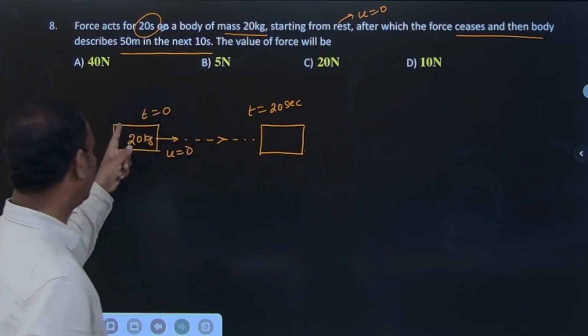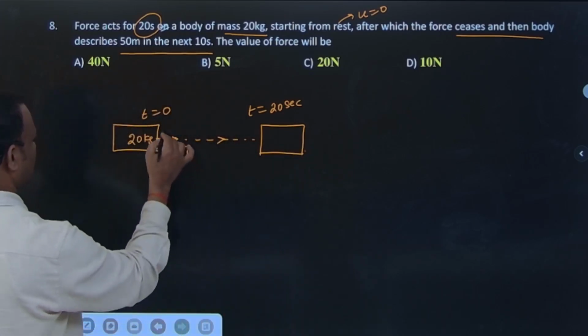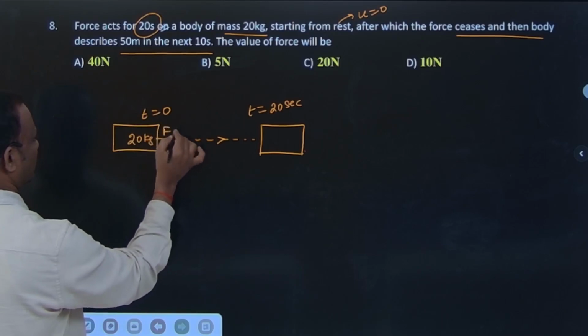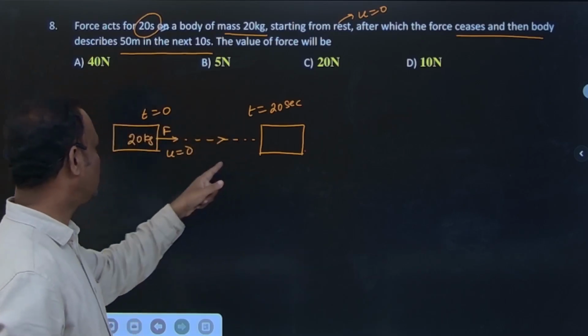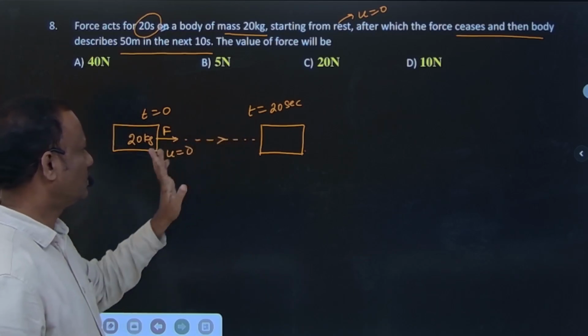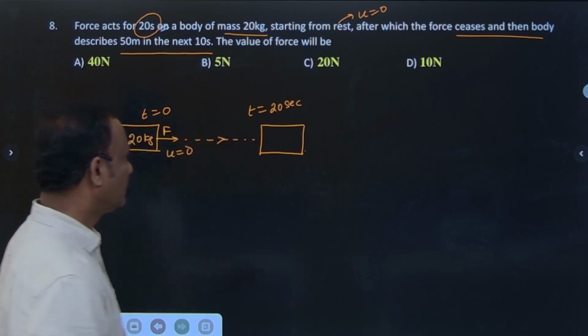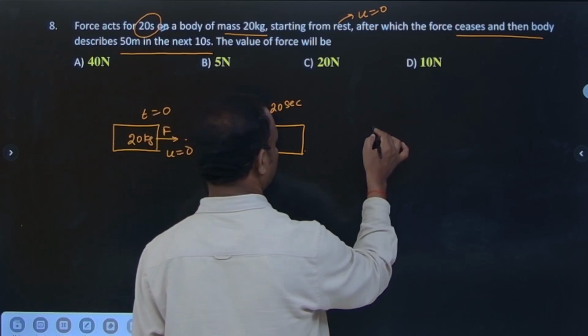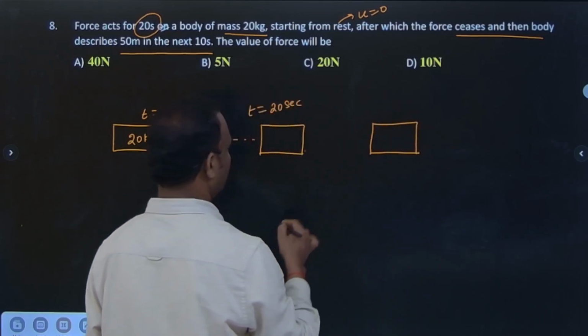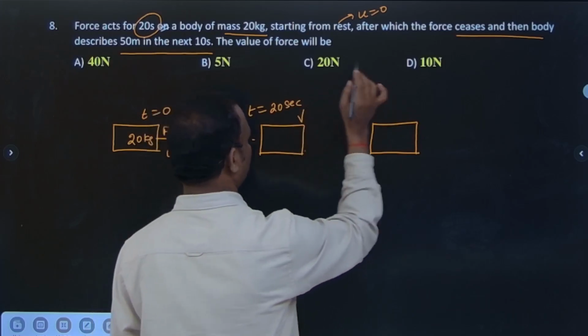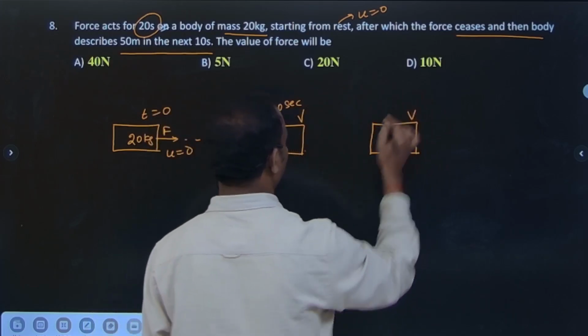So whenever t equal to 0, a force is applied on this, some particular force is there. So after that, when it travels through a distance, and for t equal to 20 seconds, the force is removed. Then it was moving with a constant velocity on the frictionless smooth surface. Okay, constant velocity. Whatever the velocity is there, that's v only.